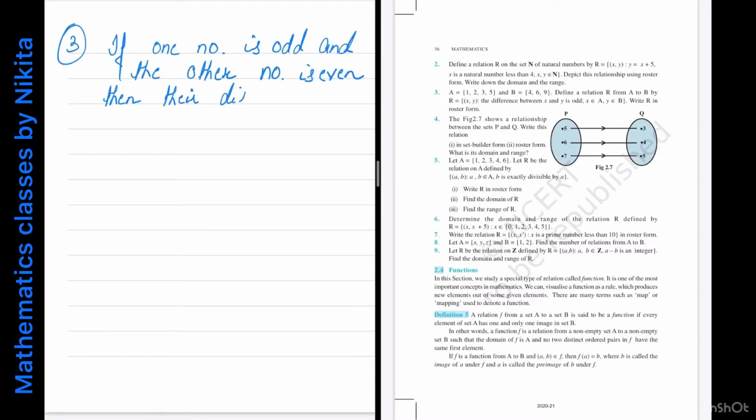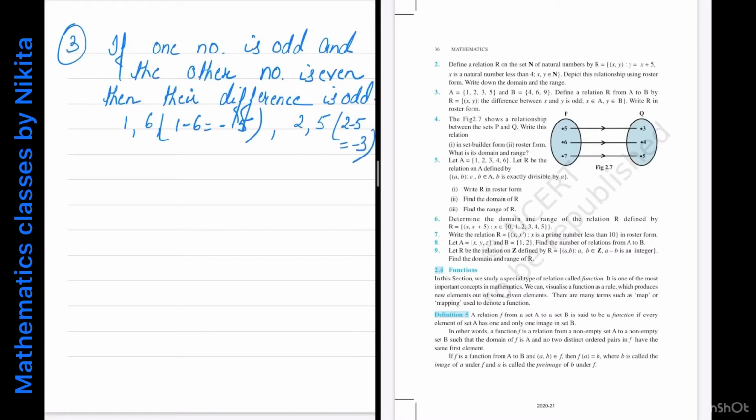For example, I take 1 with 6. So 1 minus 6 is minus 5, so it is an odd number. Suppose I take 2, which is even, so what next number do I have to take? Odd. So that means 2 and 5. So 2 minus 5 is minus 3, which is odd.